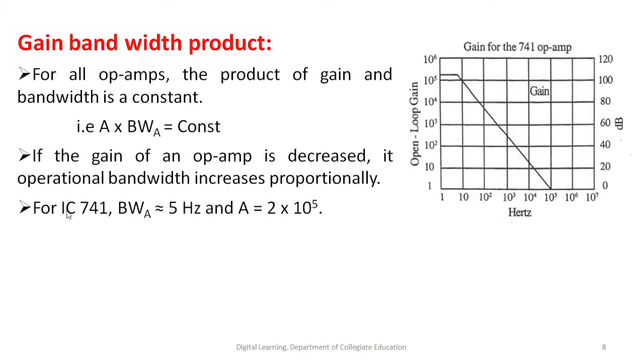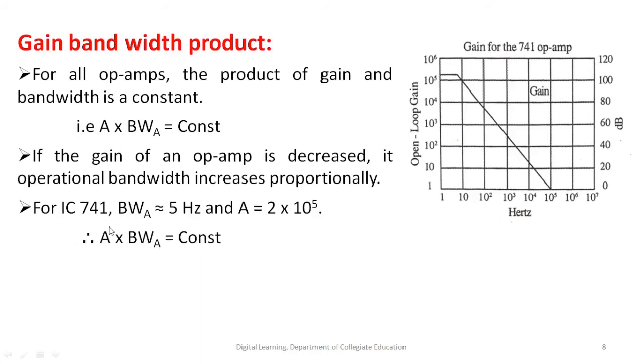That is, for IC741, what is the bandwidth? You can observe here, 5 Hz is the bandwidth and gain is 2 into 10 power 5. Here the gain is 2 into 10 power 5 and bandwidth is 5 Hz.